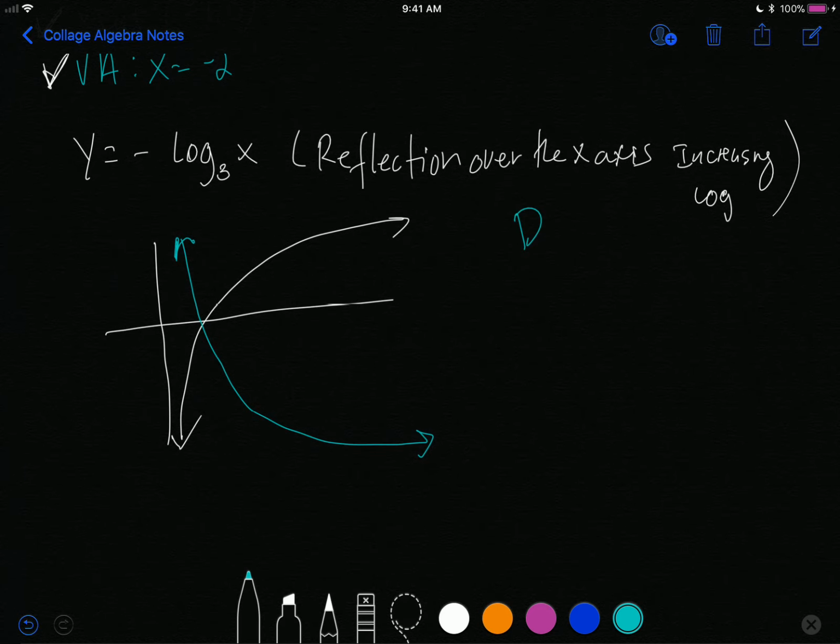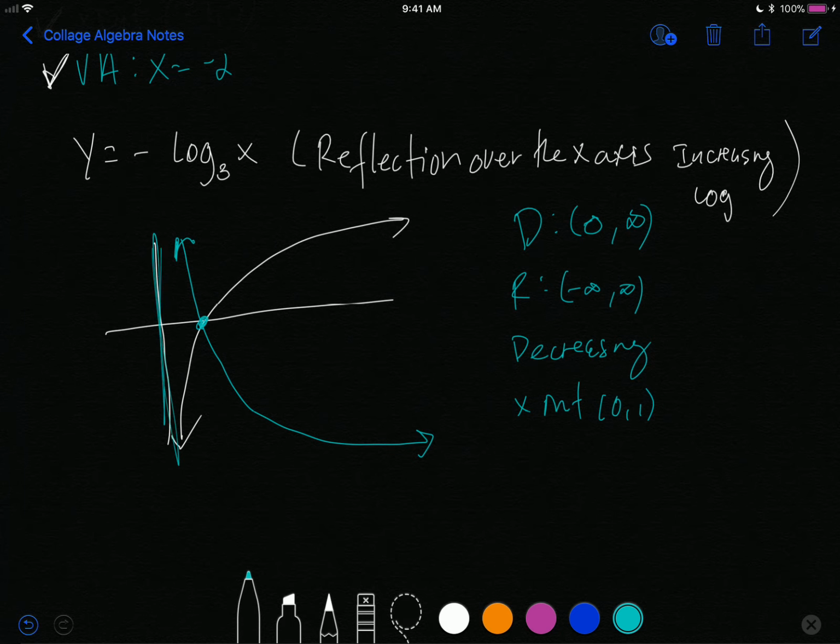So my properties: domain remains unchanged, range remains unchanged. It's now decreasing, that's a change. My x-intercept stays the same. You can see that from the picture, the x-intercept's right here.